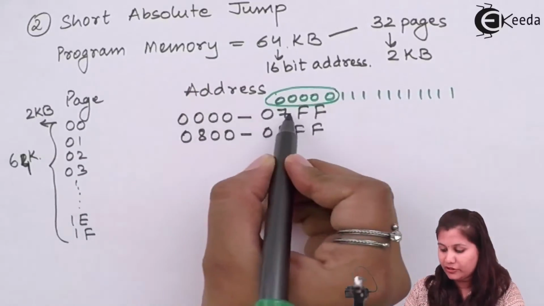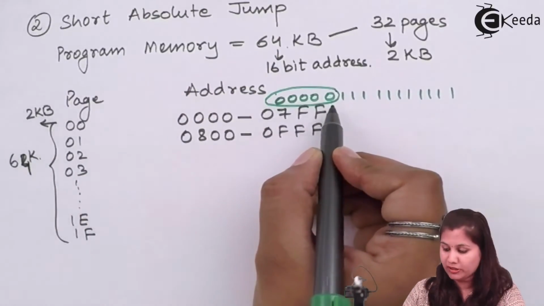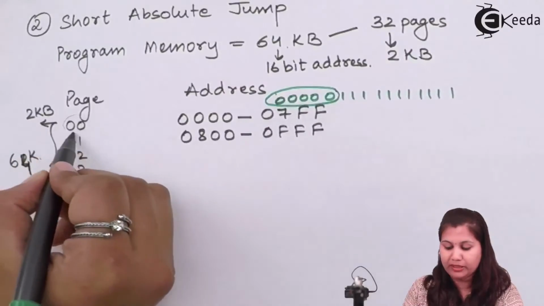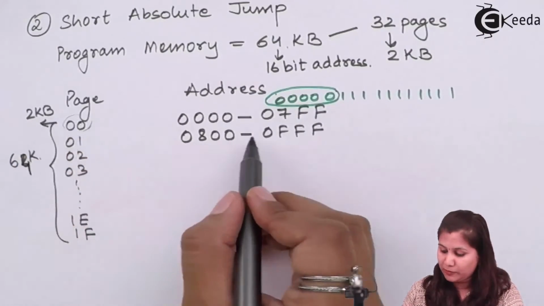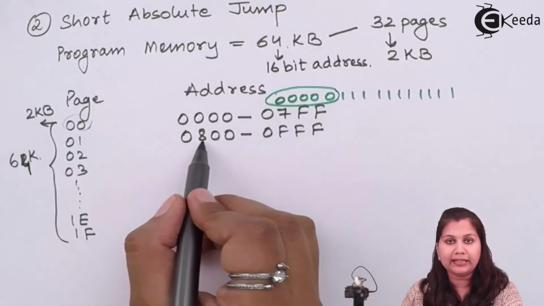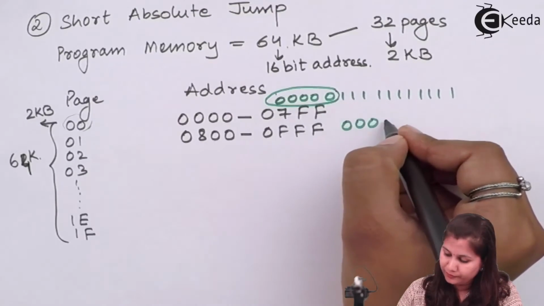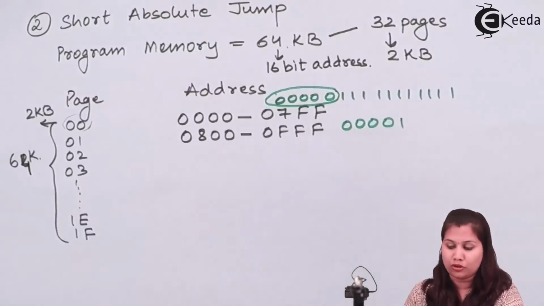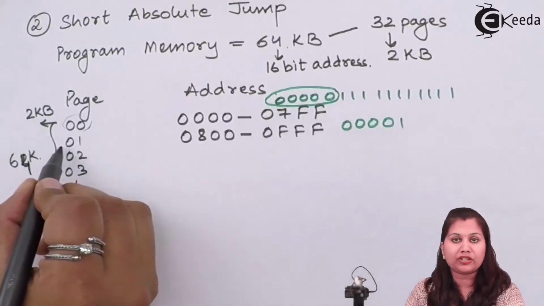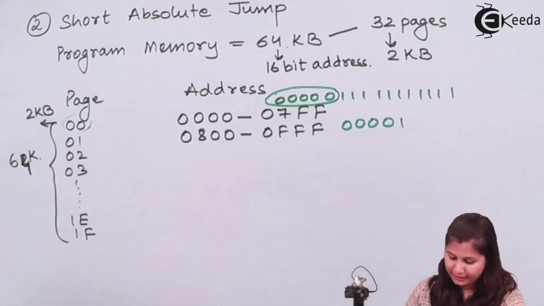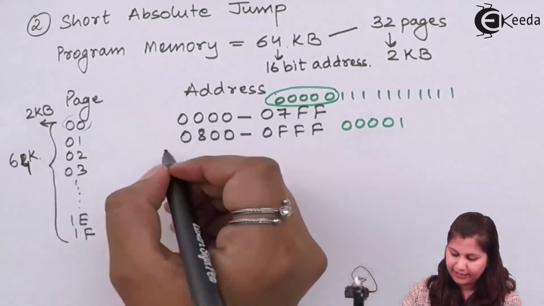In this range, the starting 5 bits will be constantly 0, so the page number is 00. For the next page, 0 and 8, the starting 5 bits will be 0, 0, 0, 0 and 1. So here we have page number 01. In this way all the ranges are decided.